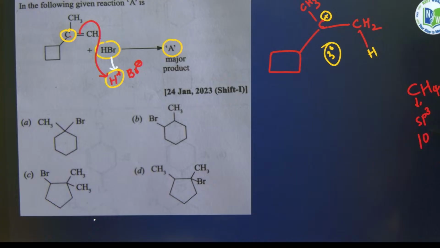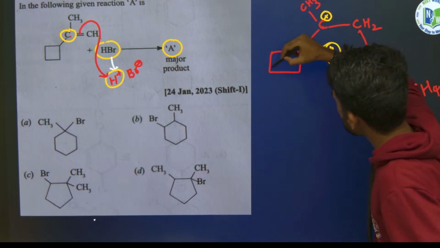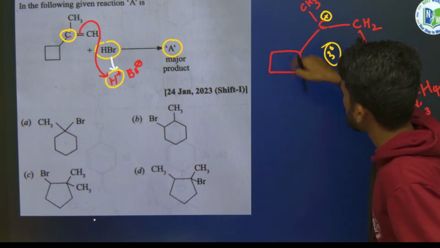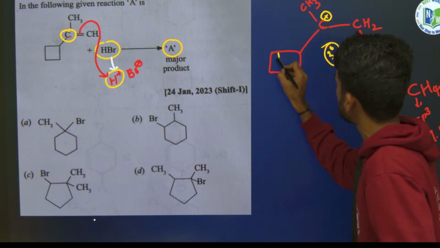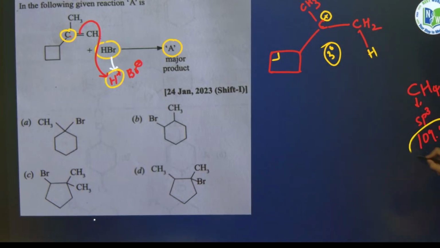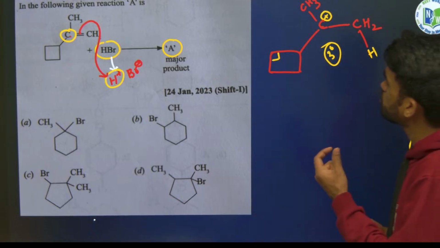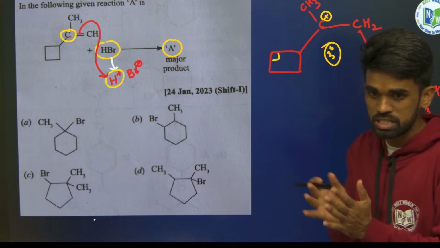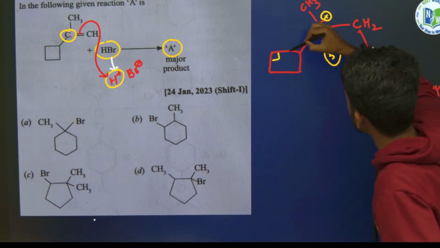We know it is 109.5 degrees. But if all these carbons are sp3 arranged in a square, the angle here is 90 degrees, though it should be 109. Because it has only 90, it becomes more strained. Therefore ring expansion takes place.